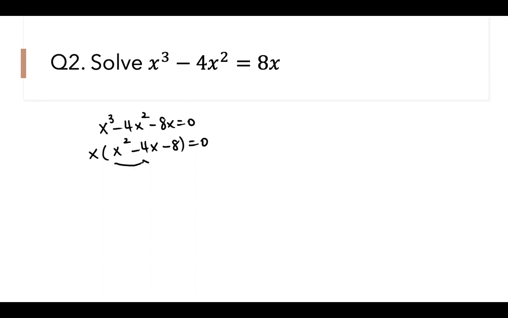Now inside the bracket, it looks like it's a trinomial, but this doesn't work. You cannot factor it because there's no number that will multiply to -8 but add up to -4. So if it's not factorable, then you're going to use the quadratic formula.